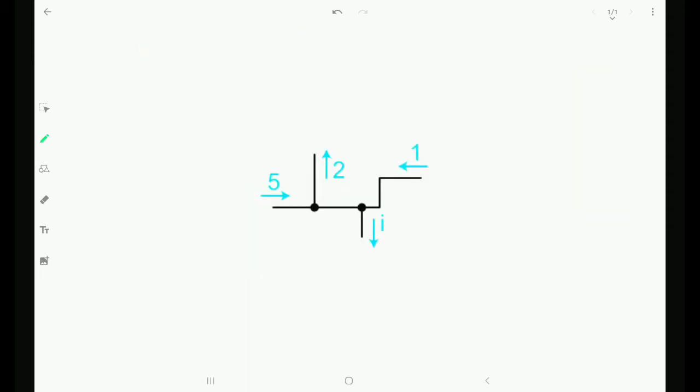See this one problem, a simple problem I am going to explain. In this diagram, 5 ampere of current is flowing into the junction and 2 ampere is leaving the junction, and the remaining current, 5 minus 2, which is 3 ampere, is flowing towards the next junction, and 1 ampere is also flowing towards the junction.